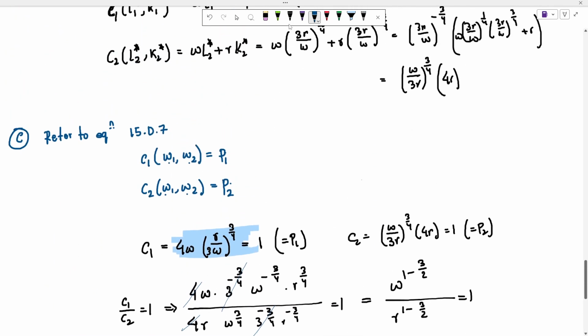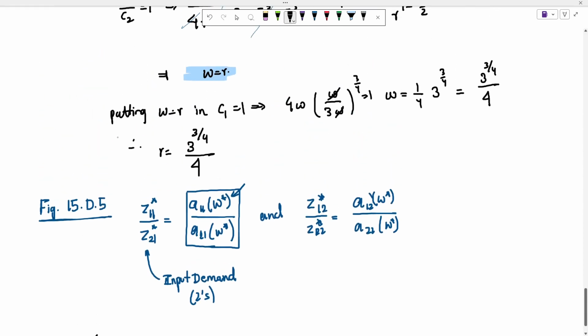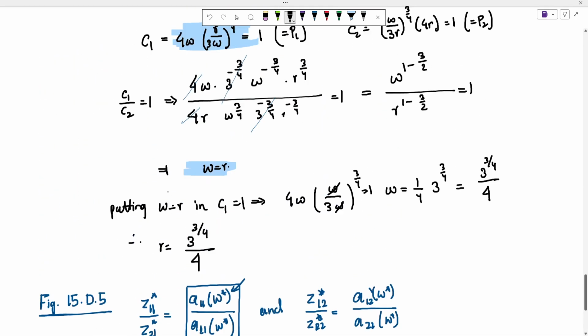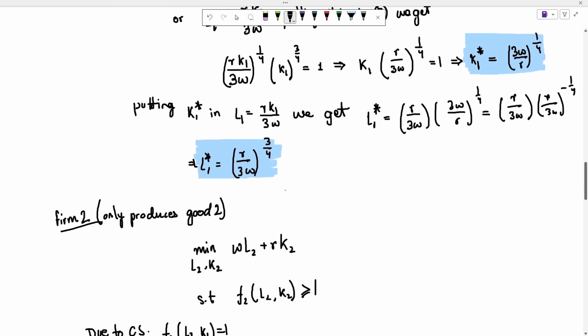So what is L1 star evaluated at 3 to the power 3 by 4 by 4? What was our L1 star? We know that R and W are the same, so they are just going to cancel out, and we are going to have 3 to the power minus 3 by 4.